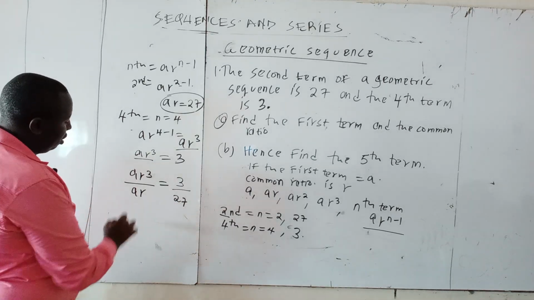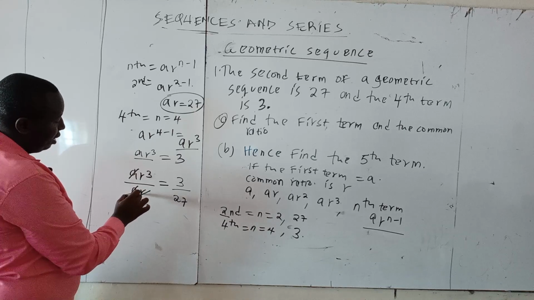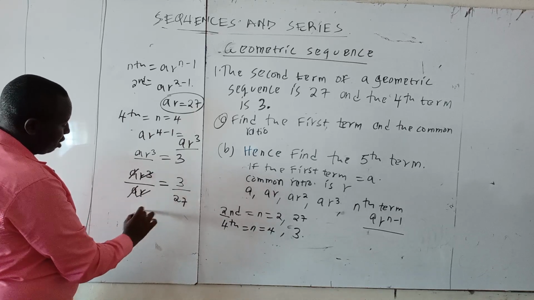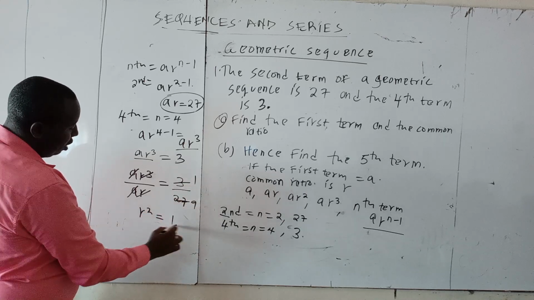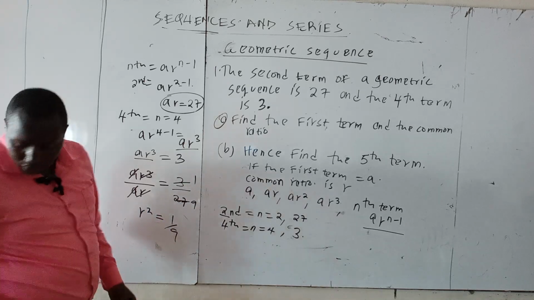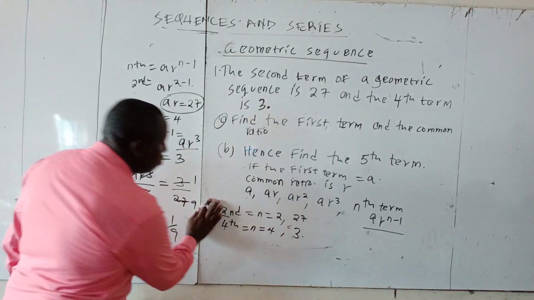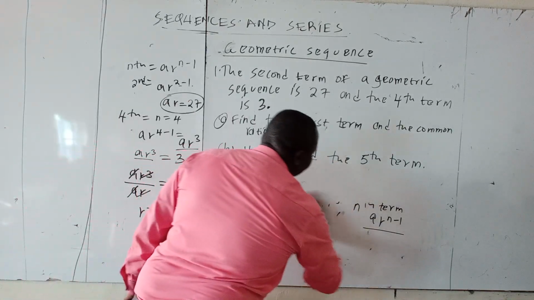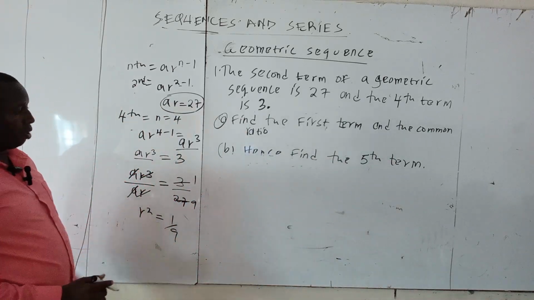Dividing, A divides A, R cubed divided by R gives R squared, and 3 over 27 gives 1 over 9. So R squared is equal to 1 over 9.